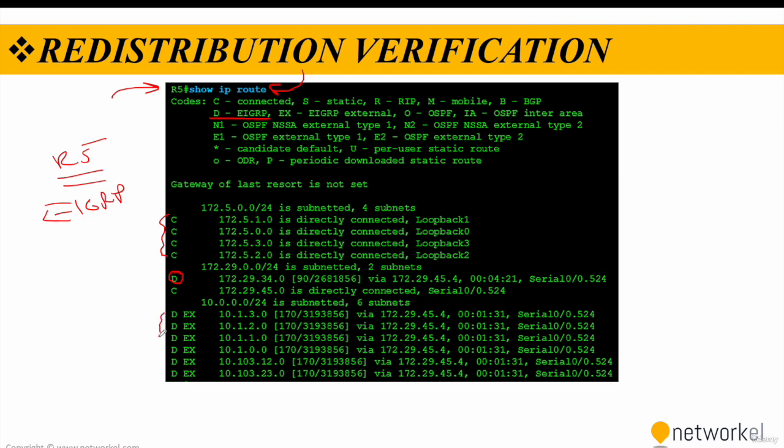And what is this? I am seeing something else: D EX. EX means EIGRP external routes. Those routes have been injected from the OSPF domain into my EIGRP domain using redistribution. So D EX means EIGRP external.